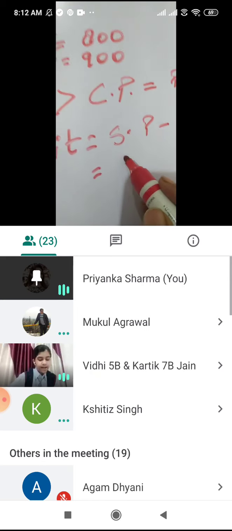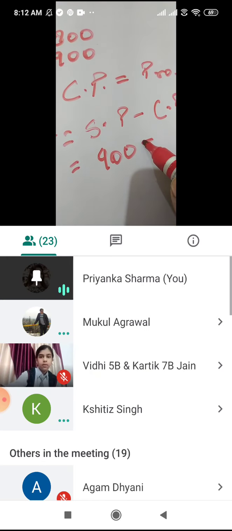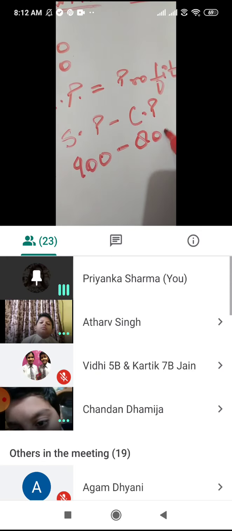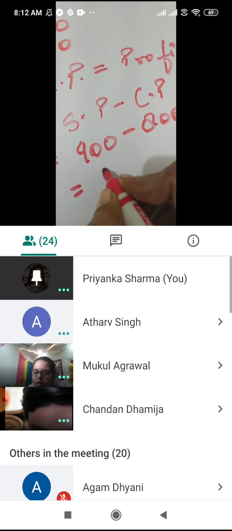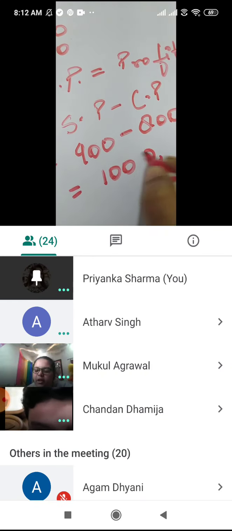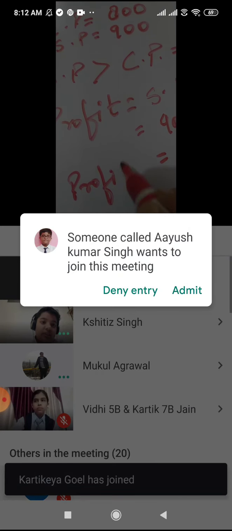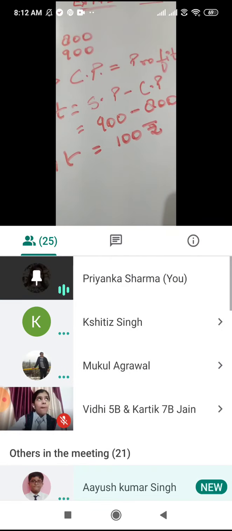Under selling price, we will write the selling price money. Minus will come under minus. Under cost price, we will write the cost price money. So 900 minus 800 will give us 100. 100 profit. Therefore, profit is equal to rupees 100.